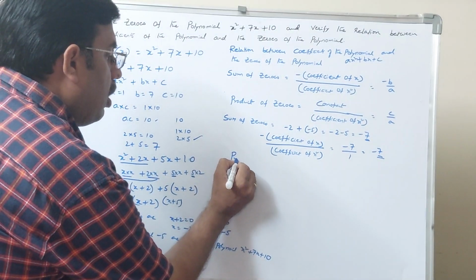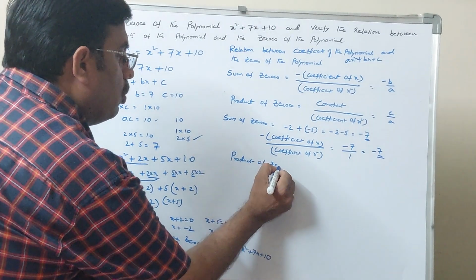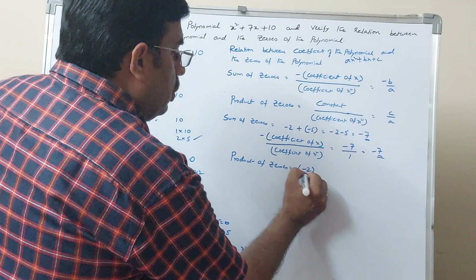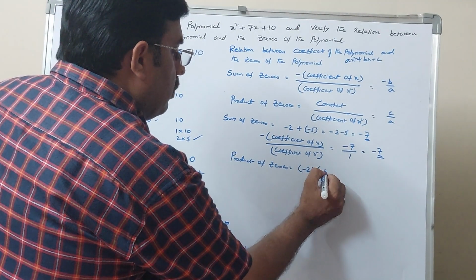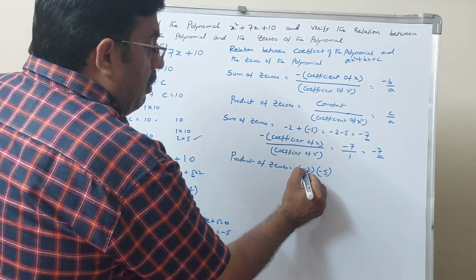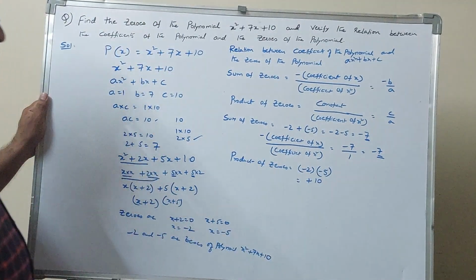So product of zeros is equal to minus 2 into minus 5 is equal to minus into minus is plus, 2 into 5 is 10. So plus 10.